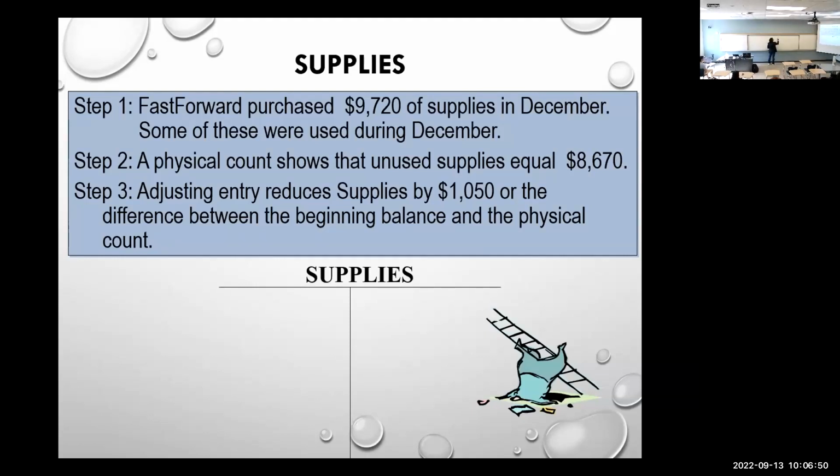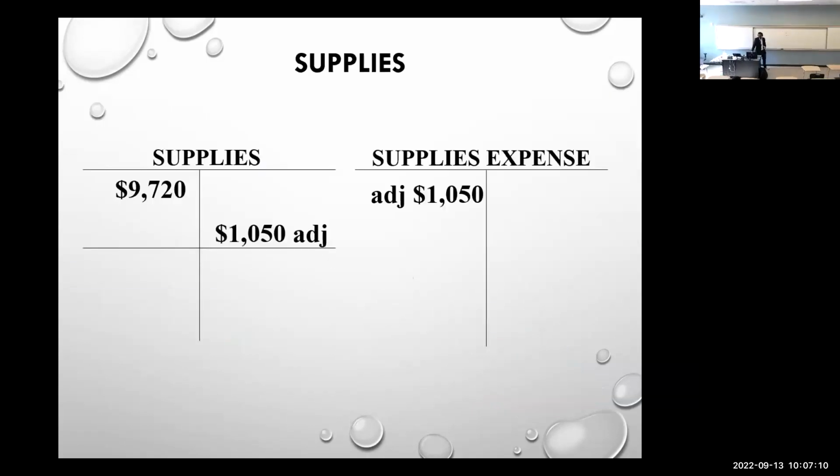They purchased $9,720 worth of supplies. Ending inventory was $8,670. So if you do the math, they used $1,050 worth of supplies. So you need to debit supplies expense and credit supplies.